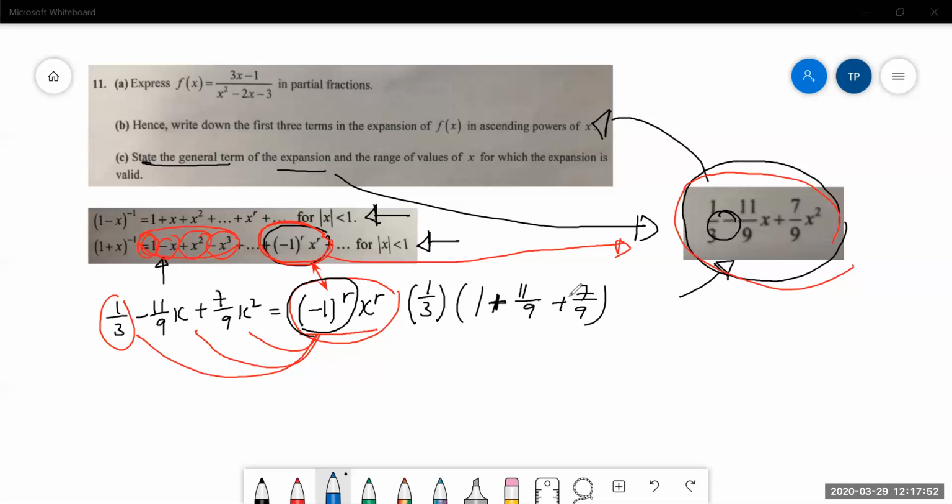Then the 7/9 should be negative? Should be positive? Negative because it's power 3? No. This is r equals 0. This is r equals 1. This is r equals 2.